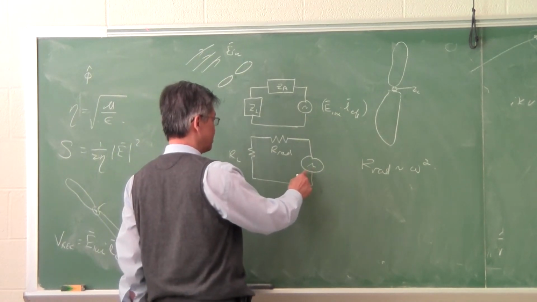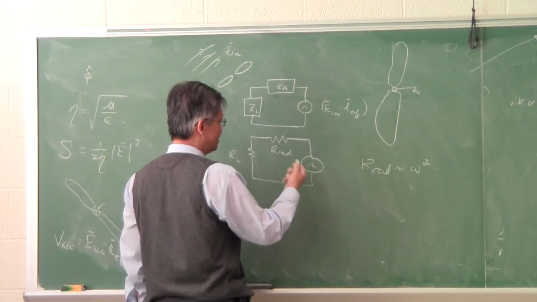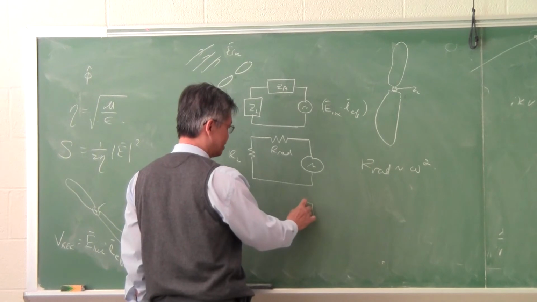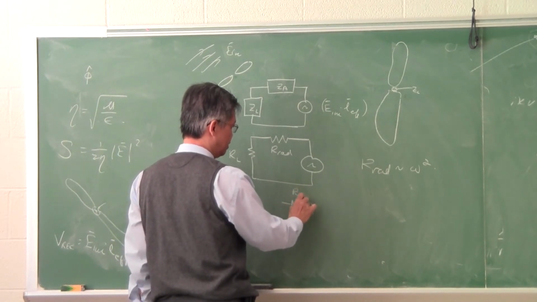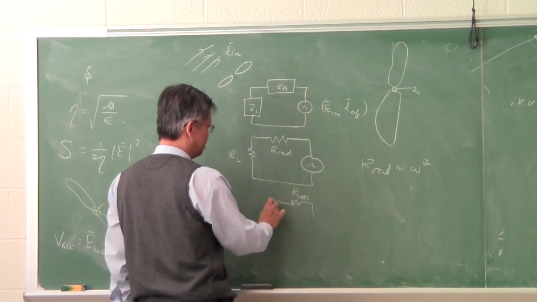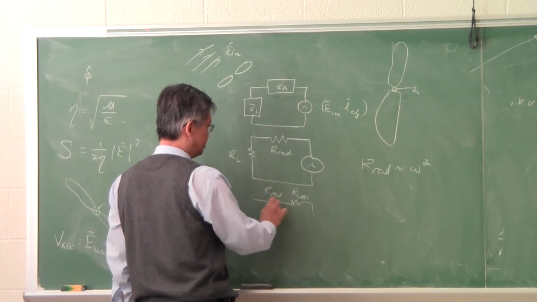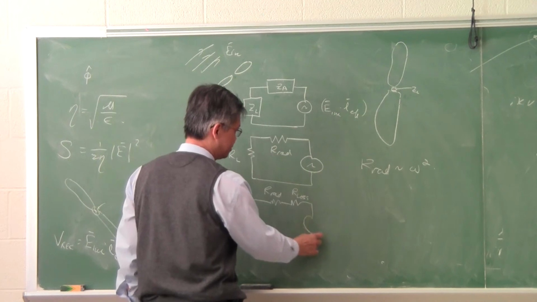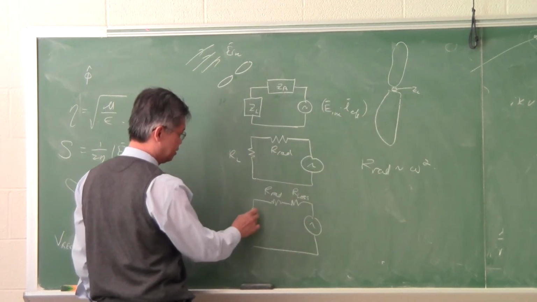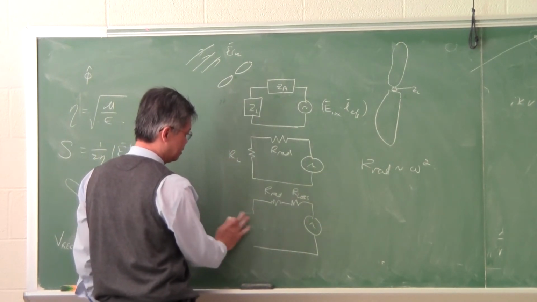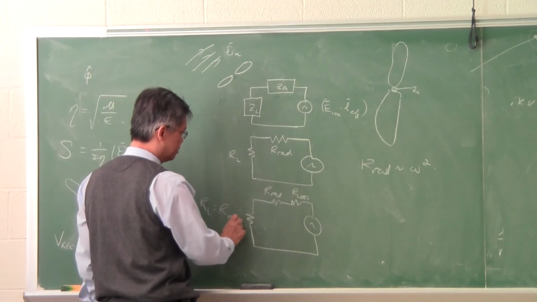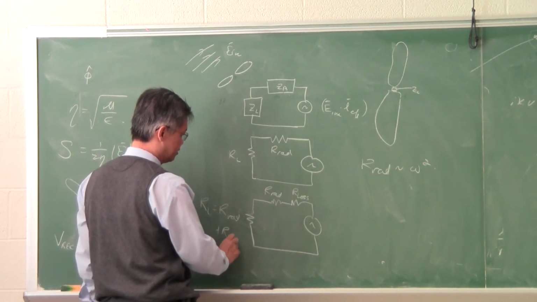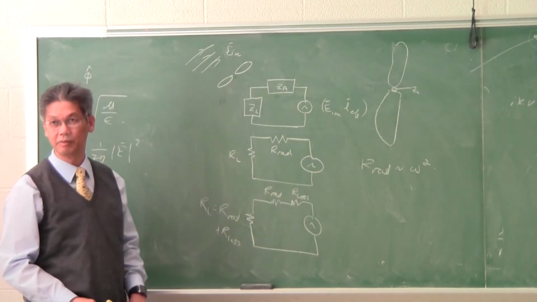Invariably other kinds of losses come in, antenna losses come in. R radiation will be very small, and then you try to match the system with the load equal to R radiation plus R loss. This is maximum power transfer.